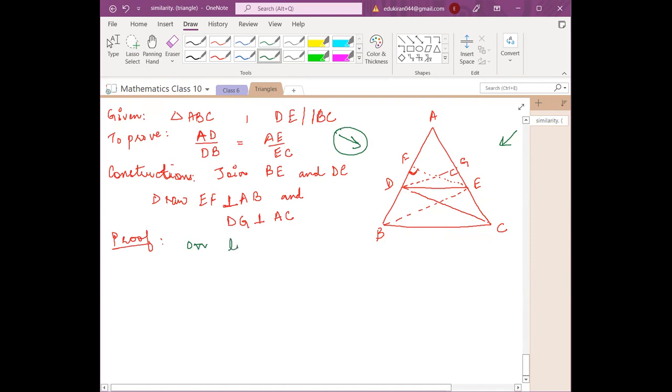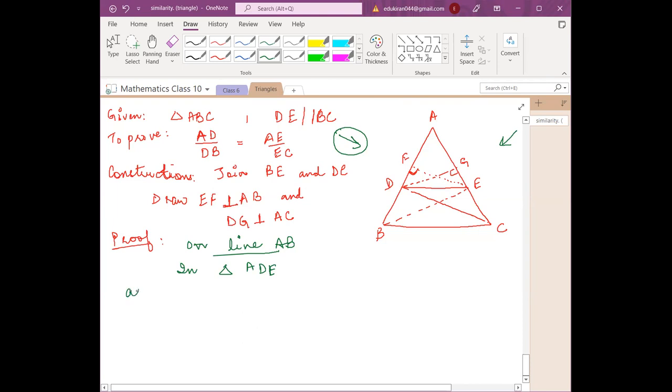So on line AB, if I take triangle ADE, now see which is ADE, the top one, the half triangle. Yes? ADE.